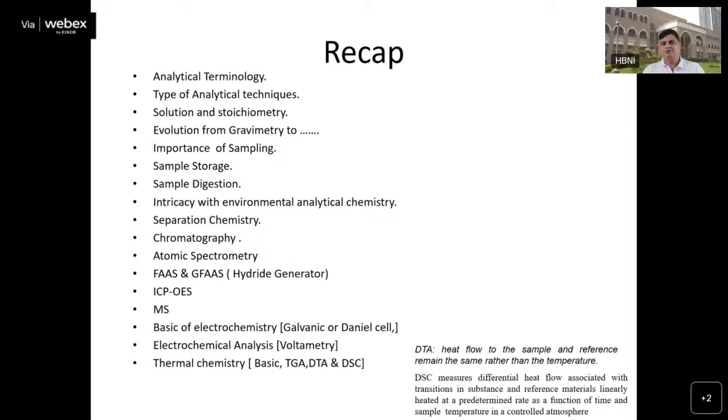And then comes atomic spectroscopy. See, in atomic spectroscopy, we have seen both flame atomic absorption spectroscopy, that is FAAS, and graphite furnace atomic absorption spectroscopy. So these are the two various cells. In the case of flame, we have a flame as the atom cell, whereas in graphite furnace, the graphite furnace is the atom cell.